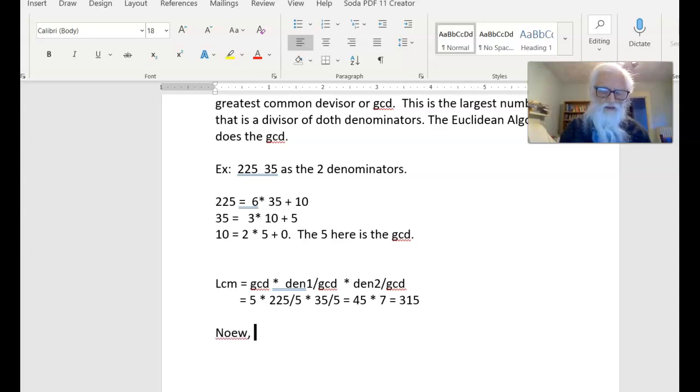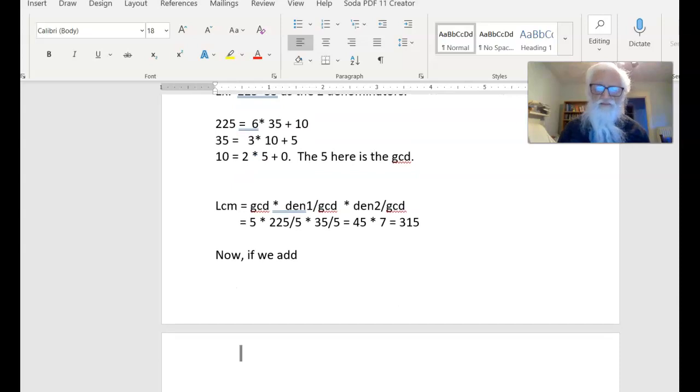Now what that means is, suppose we want to add 12 225ths plus 19 35ths.